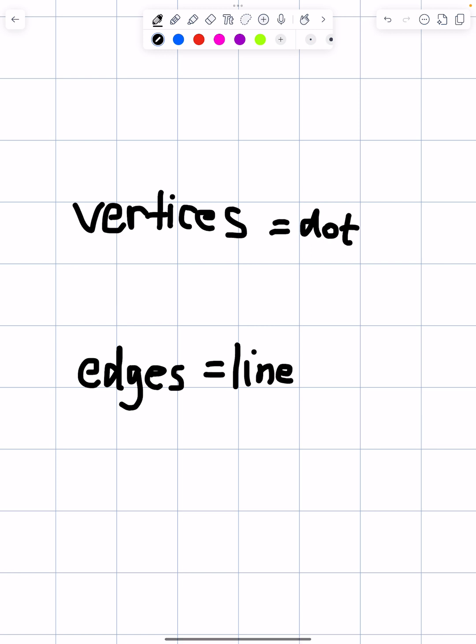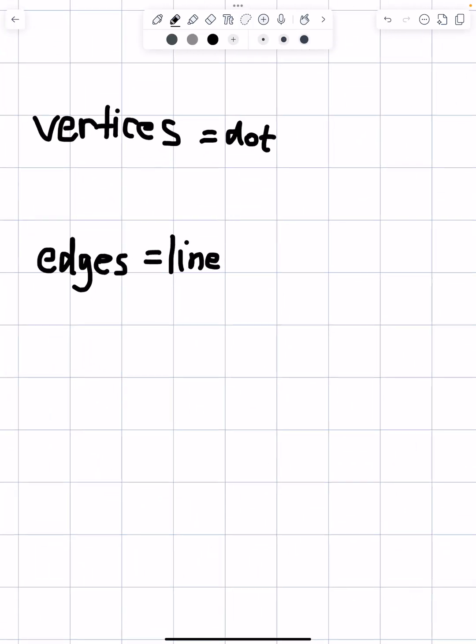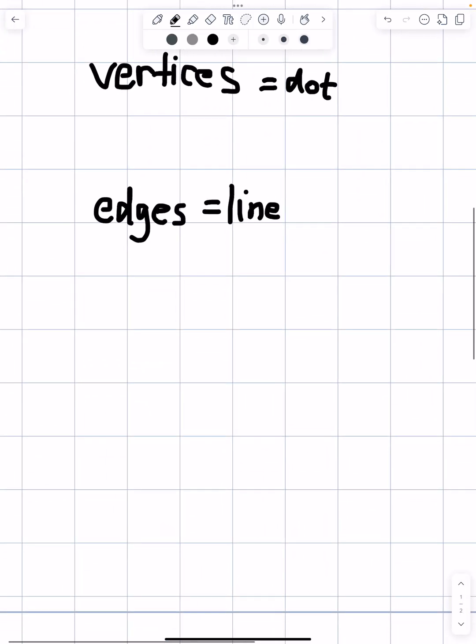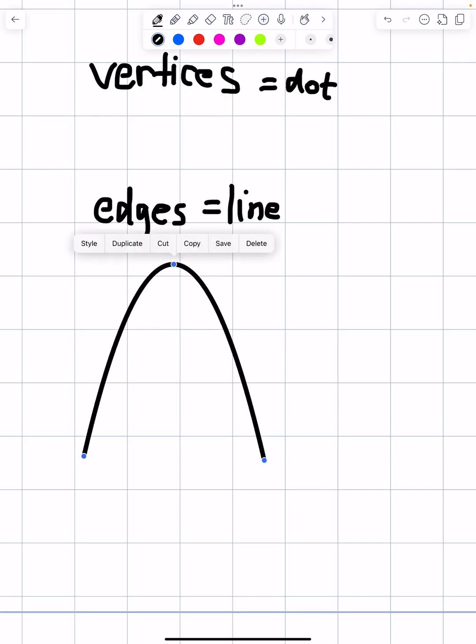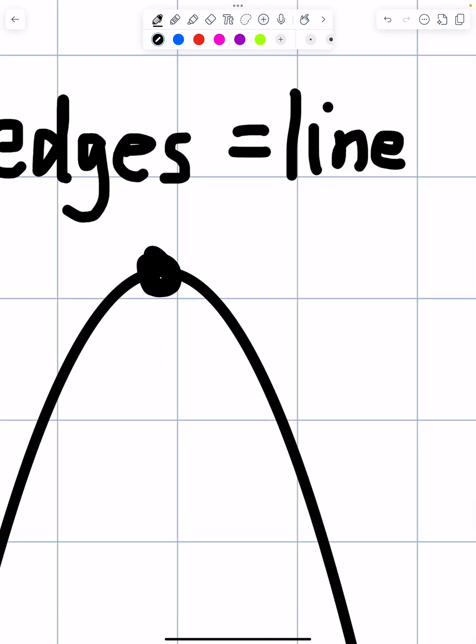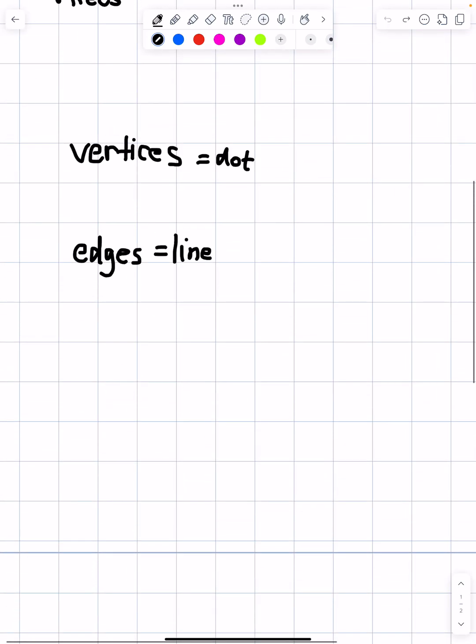The singular term for vertices is called a vertex. We've heard of that before. A vertex also means a point, the highest point on a graph. Like here, this is a vertex, but it's not what we mean. Vertex here has a different meaning.